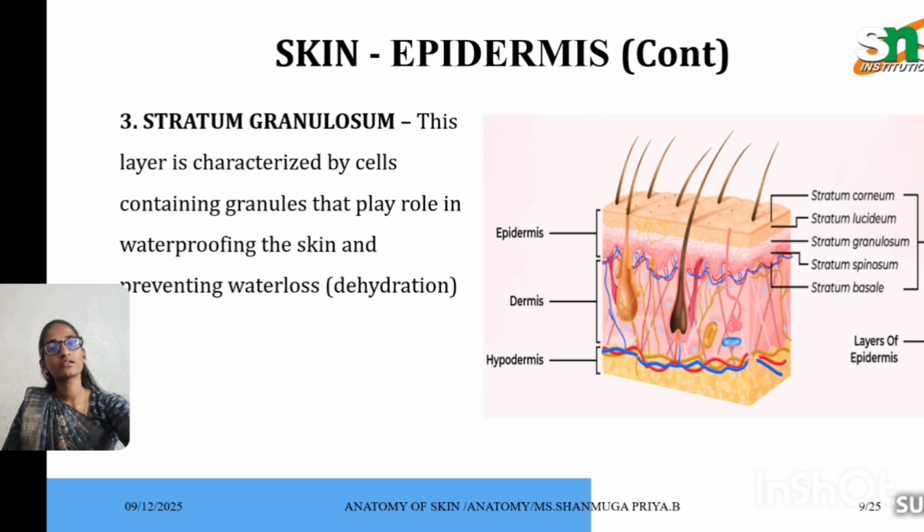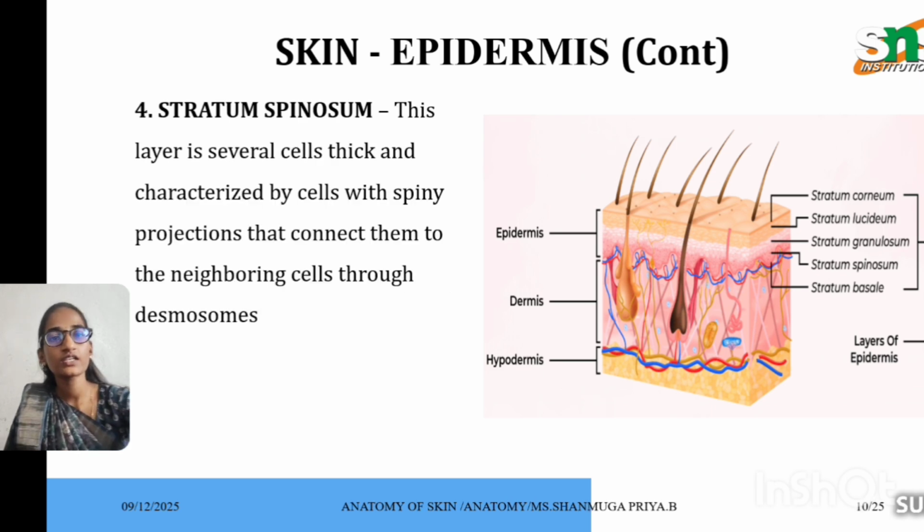And then the third layer is stratum granulosum. This layer is characterized by cells containing granules that play a role in waterproofing the skin, while it also prevents water loss, that is dehydration. The next one is stratum spinosum.